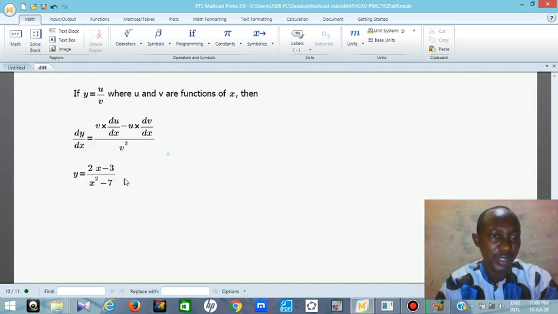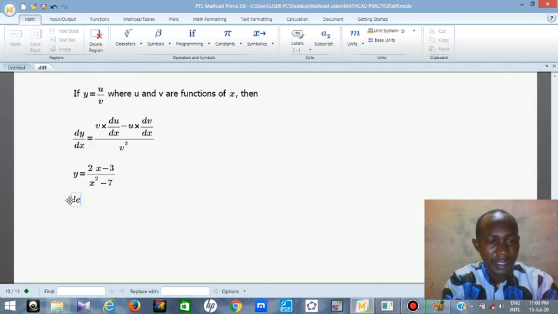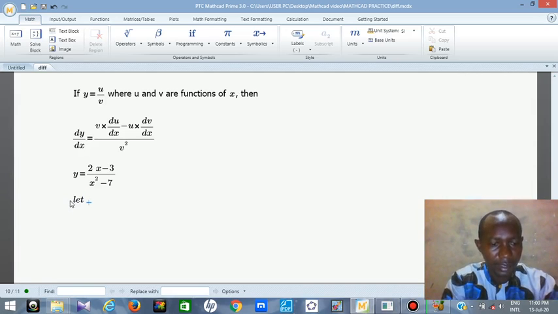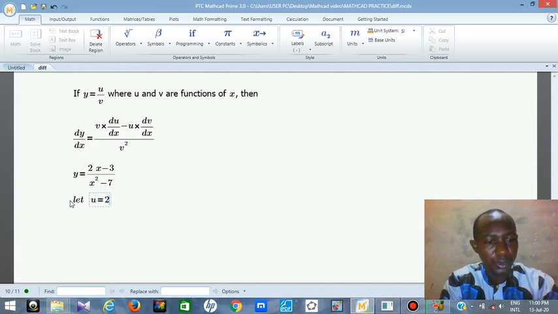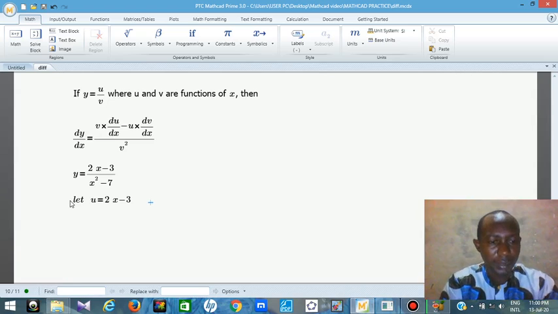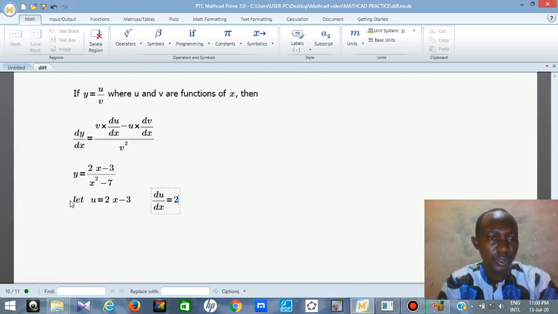What am I going to do in this case? I'll start by letting u equal 2x minus 3. Then I differentiate: du/dx is going to be equal to 2. So that is all with that.